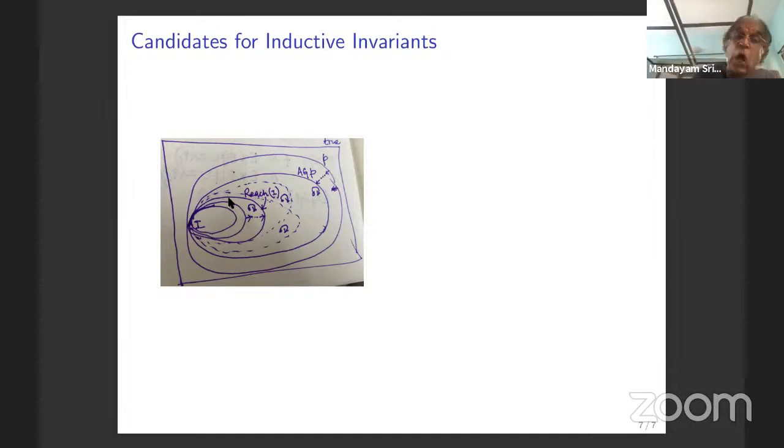But as long as those non-reachable states are still not violating P, you may get to them faster. Okay, you may lead to a fixed point. Okay, so the idea is, why not start from a superset of I? Now the question is, how do you know what that superset should be?